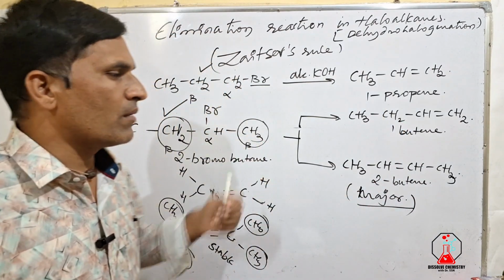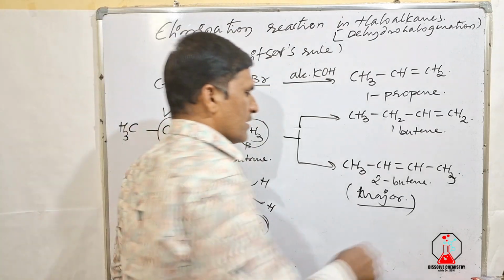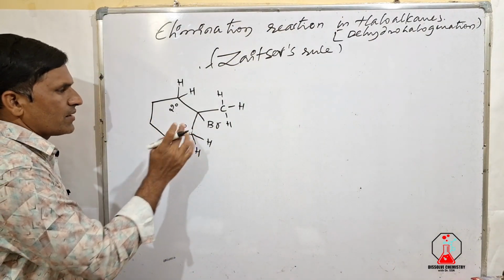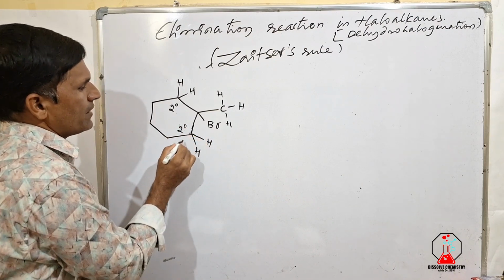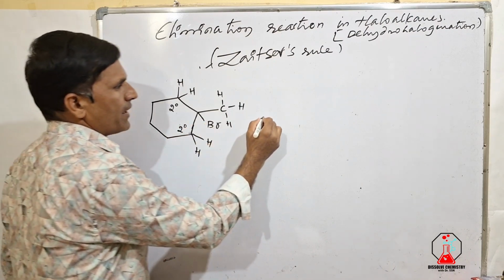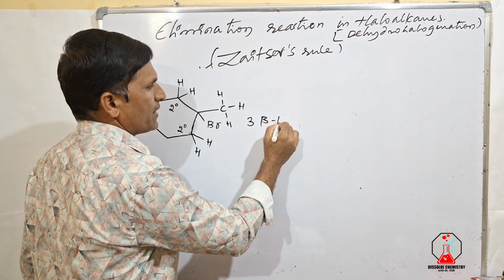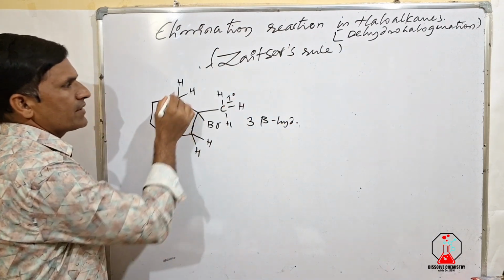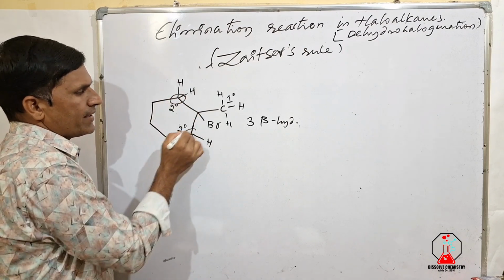We will take a little more complicated example and let us try to understand. Okay, so now let us look into this substrate. We have three different beta hydrogen atoms. This one is a primary carbon atom, this is secondary, and these two are identical.